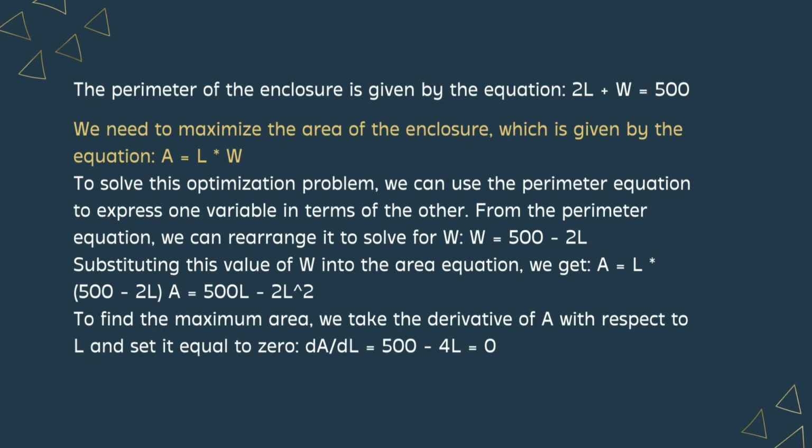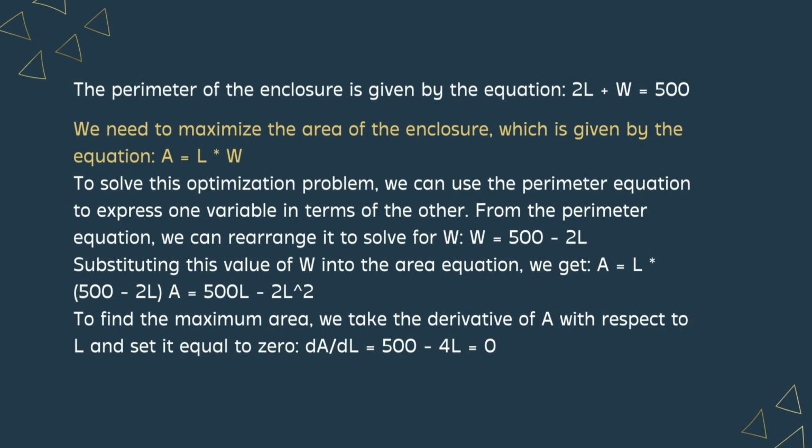We need to maximize the area of the enclosure, which is given by the equation A is equal to L times W. To solve this optimization problem, we can use the perimeter equation to express one variable in terms of the other. From the perimeter equation, we can rearrange it to solve for W.